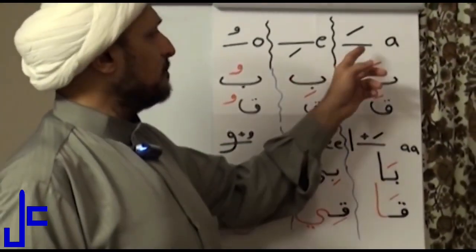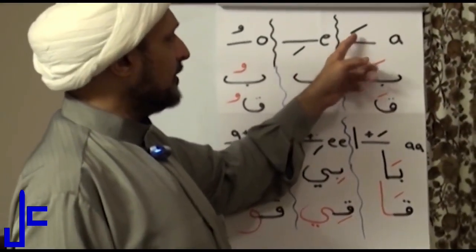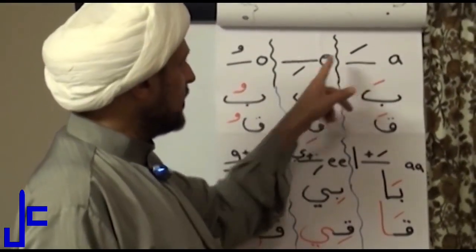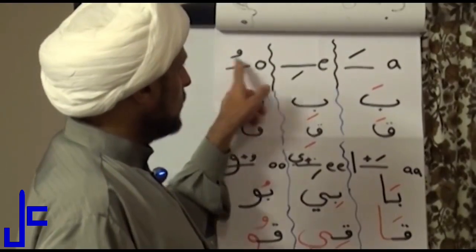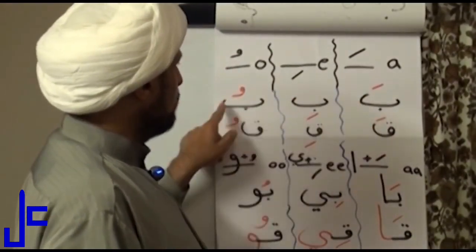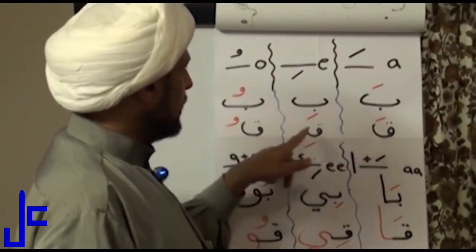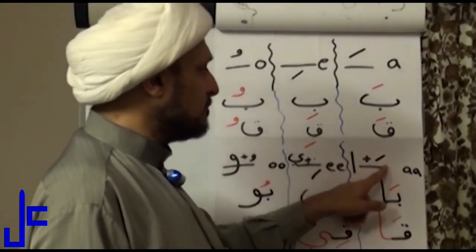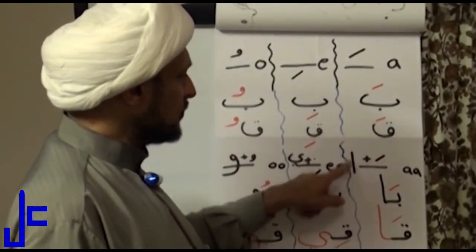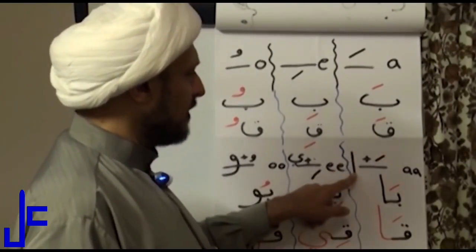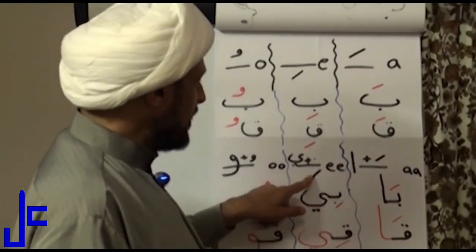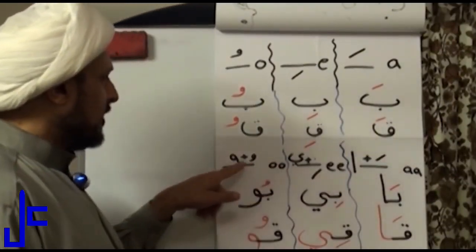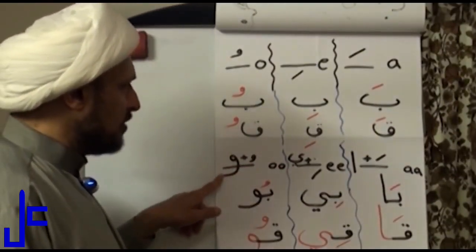As you can see, short vowels are represented by signs. A, I, O. Ba, bi, bu. Qa, qi, qu. Long vowels are represented by a sign plus the alphabetical vowel letter. A vowel sign plus a vowel letter.